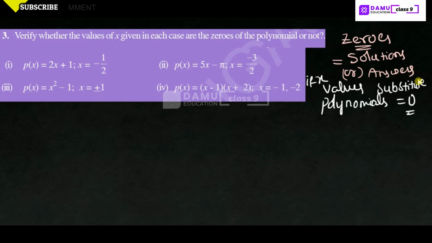If you got p of x as 0, then the x value will be the answer. Let's take the x value to be some number, let's take n, like that.